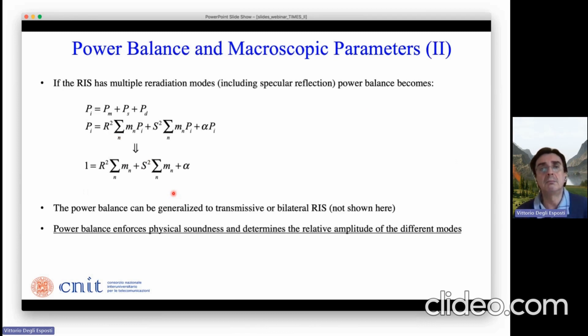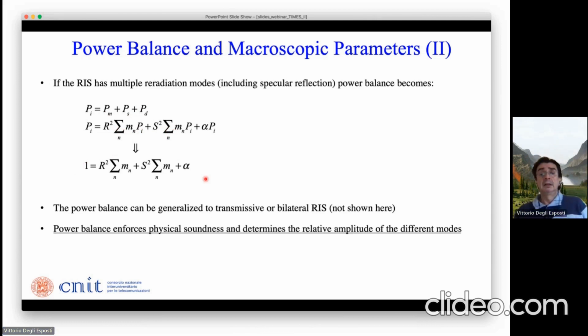If we consider multiple modes, then we can include the specular reflection into those modes, and we can simply say that the incident power is balanced by the re-radiation power, scattering power, and dissipation. And so re-radiation and scattering depend on the sum of all the radiation modes, so that the parameters must satisfy a power balance equation.